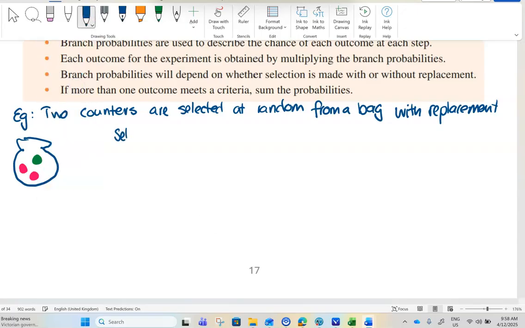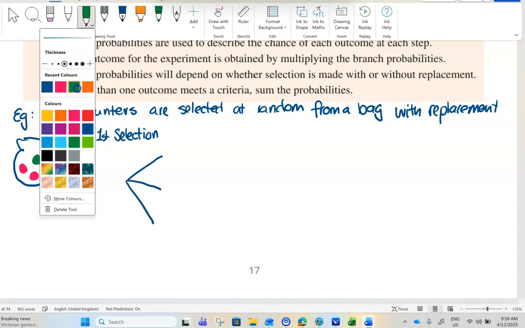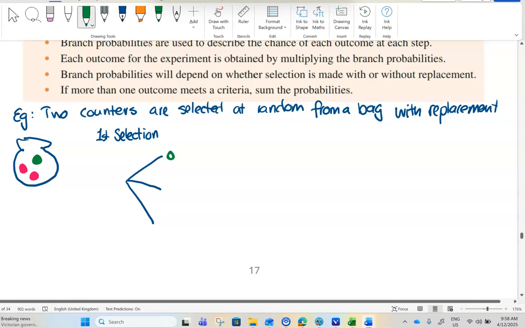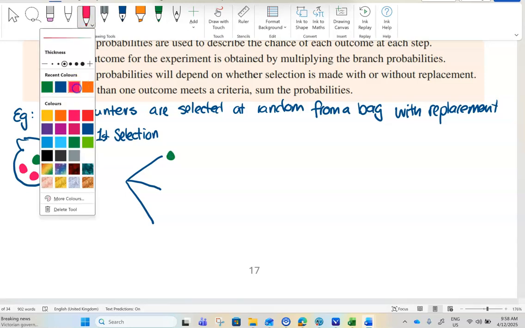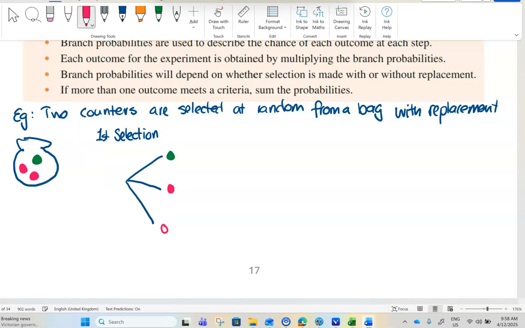We've got our first selection. You write all the outcomes that it could be. There are 3 options I could have got. I could have got a green one, or I could have got one of the pink ones, or the other pink one. That was my first selection.